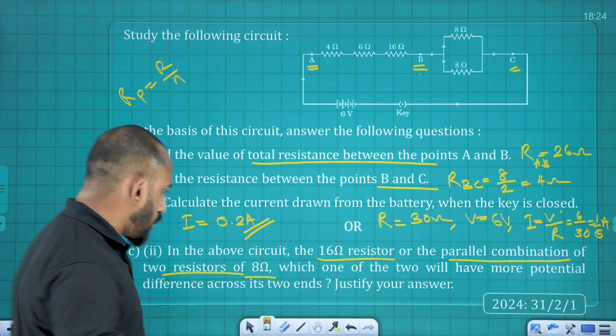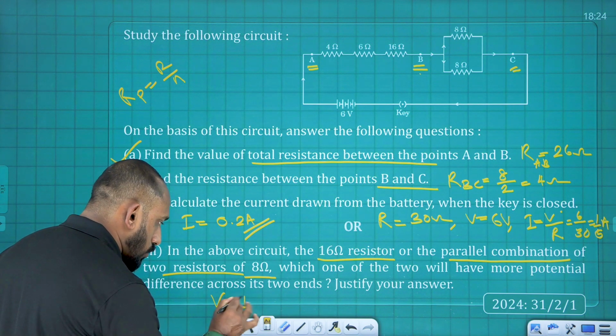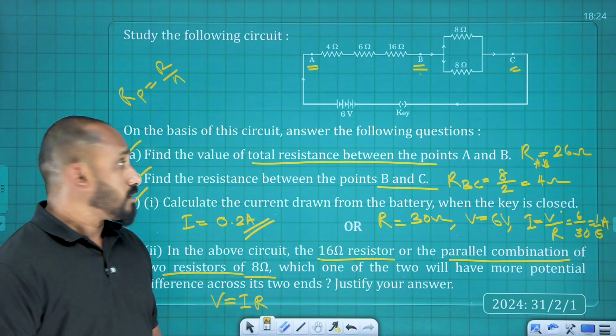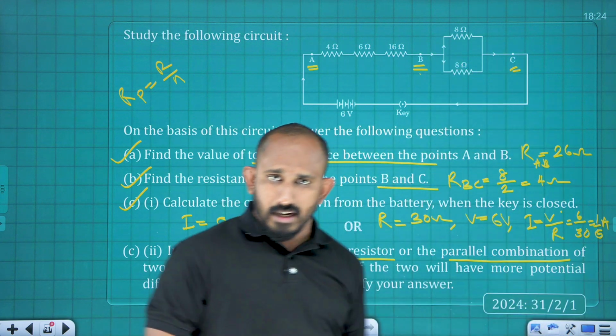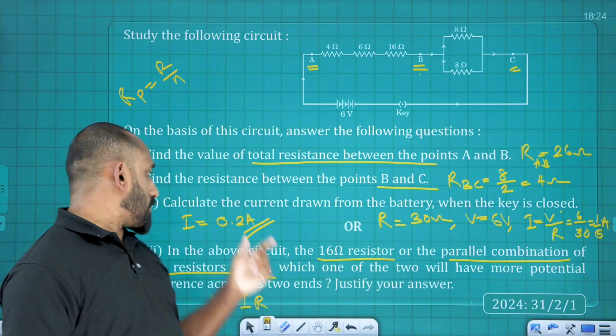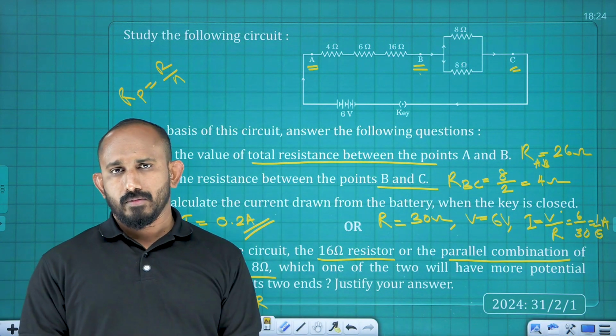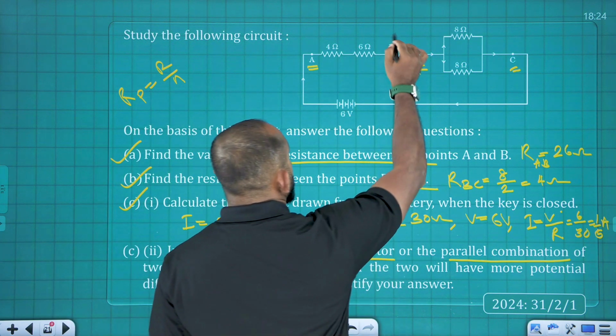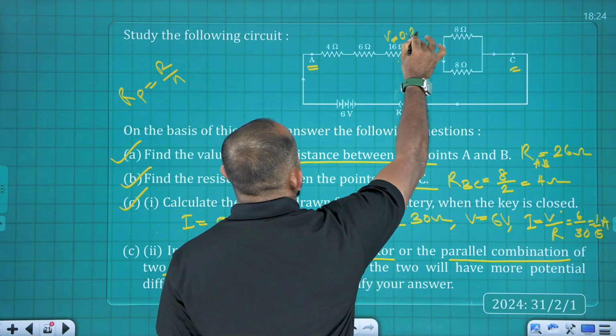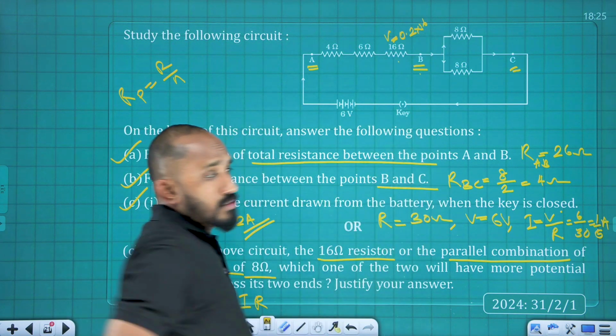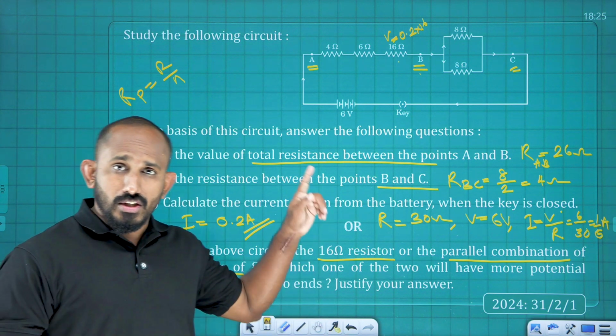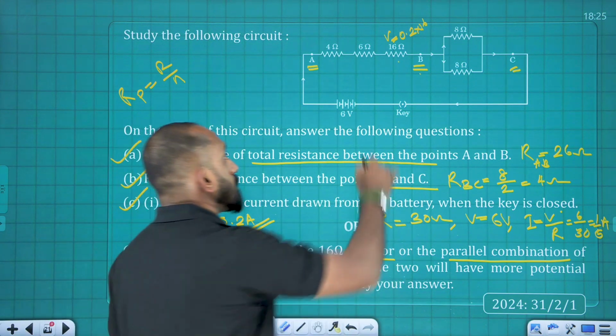For potential difference, we know the equation V is equal to I into R. All of them are connected in series, so I is the same. How much? 0.2 ampere. Now across 16 ohm, V will be 0.2 into 16. That's how much? 16 into 2 is 32, and that is 3.2 volt.